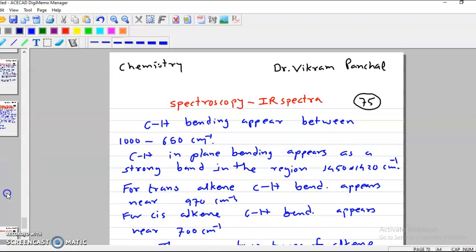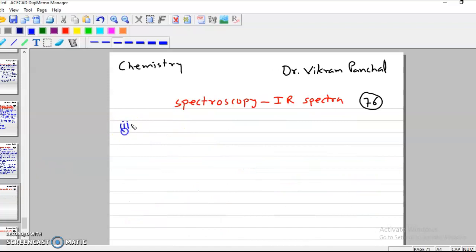Now, the second type of alkene is known as terminal alkene. Here, the structure may be like this.